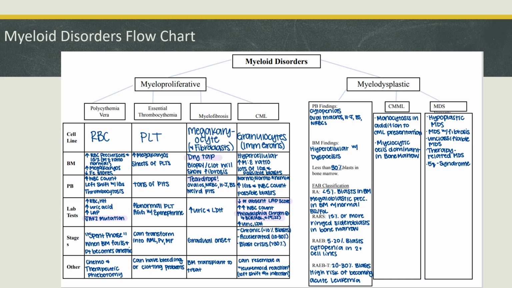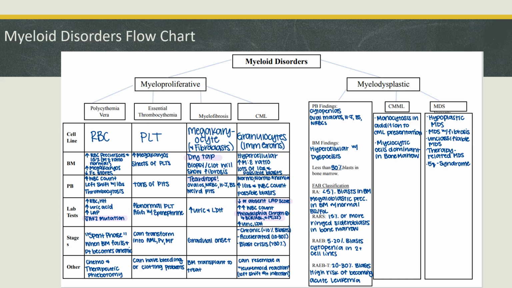So it's not so much that we're making too many, it's that we're making too many and they're broken. Most of those cells go through apoptosis and die before ever going out into circulation. So we're going to see cytopenias. We're going to see megaloblastic features that are not B12 and folate associated. A couple of different things.